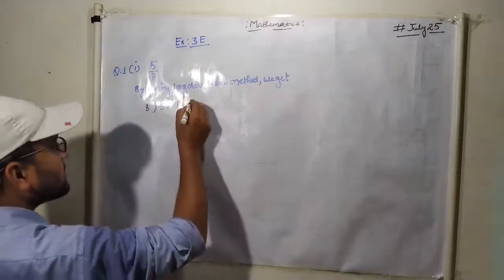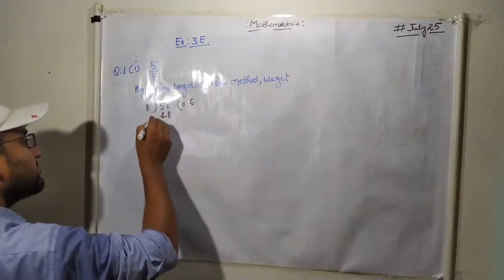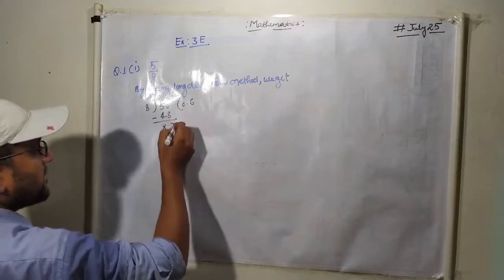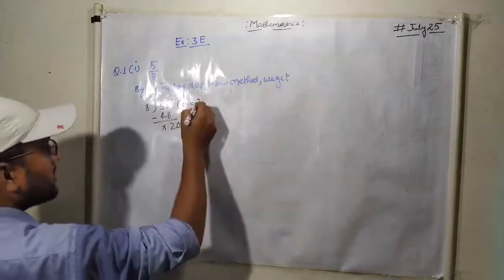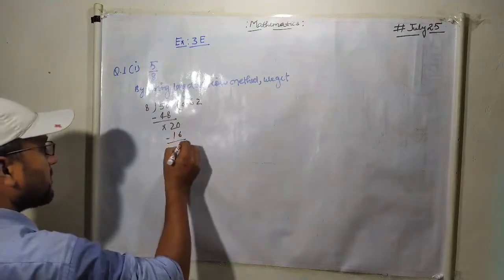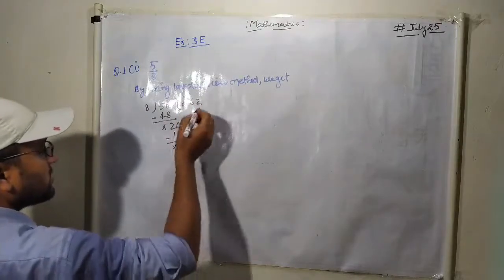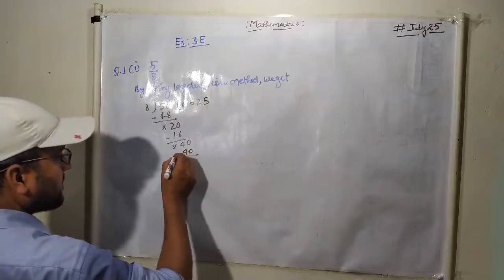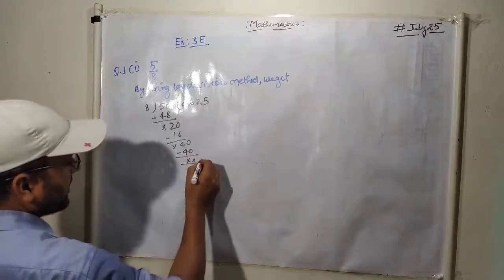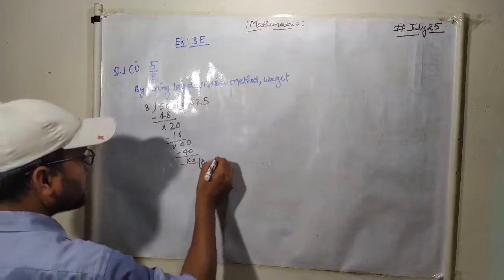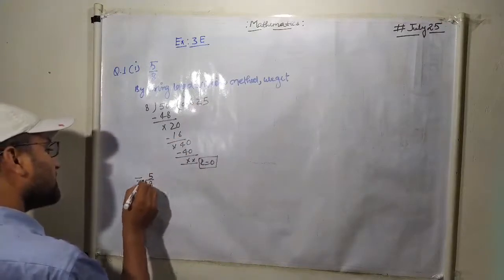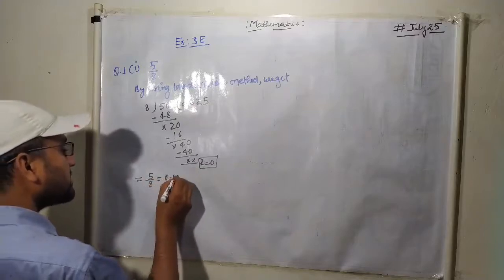6 times 8 is 48, 2 cancels out, then decimal, 0. 8 2s are 16, 4, then you can bring down 1 zero, 8 5s are 40. This cancels out, which means the remainder is equal to 0, so it is a terminating decimal. So 5 upon 8 is equal to 0.625.